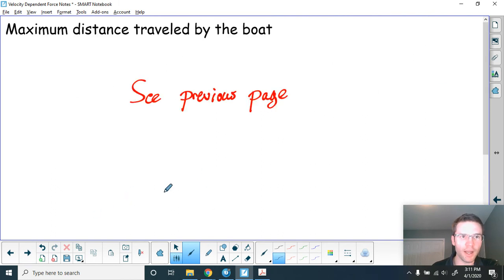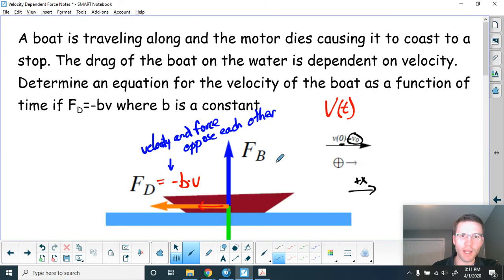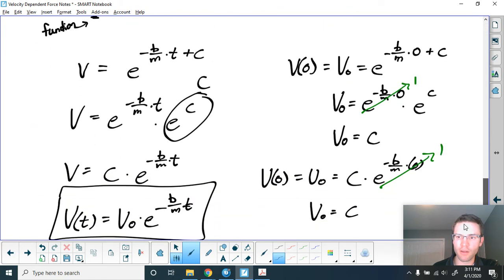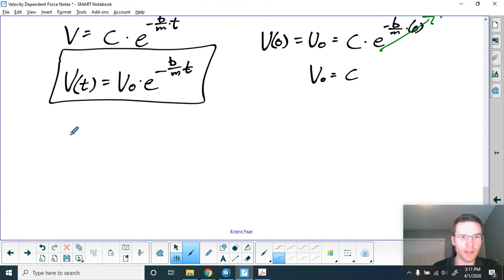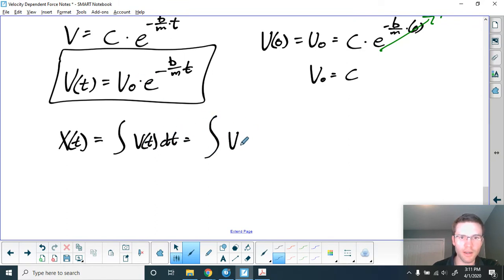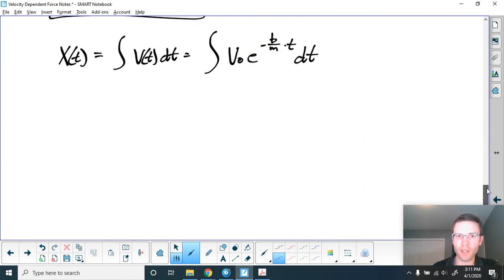Okay. How would we get the distance traveled by the boat? Well, we go back to this page and we think of our relationship between velocity and our x position function. Well, position is equal to the integral of velocity with respect to time. And I can just integrate this equation that we just got here, v0 e to the negative b over m times t with respect to t, and I'll get my position function over time.